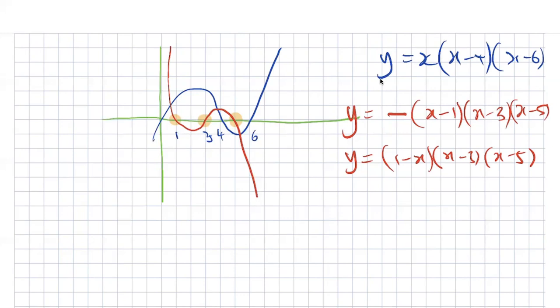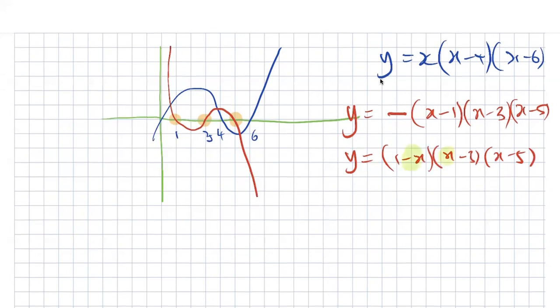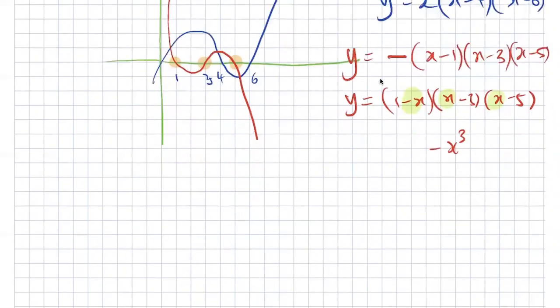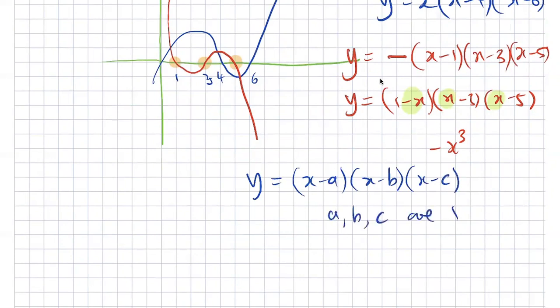When you're sketching it, recognize that we are going to get a negative cubic there, because that's negative x times positive x times positive x, all multiplied together gives me a negative x cubed, and therefore we get that negative tending shape. Now, both these graphs are in this form where y is equal to (x minus a)(x minus b)(x minus c), where a, b, and c are the x-intercepts.